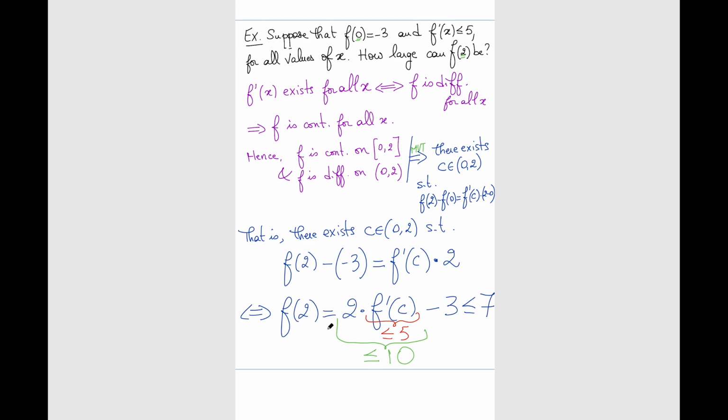So f of 2, look at this, f of 2 is at most 7. So how large can f of 2 be? The largest it can get is 7 by the mean value theorem. Make sense? All right. Let's now go to that page that we left.